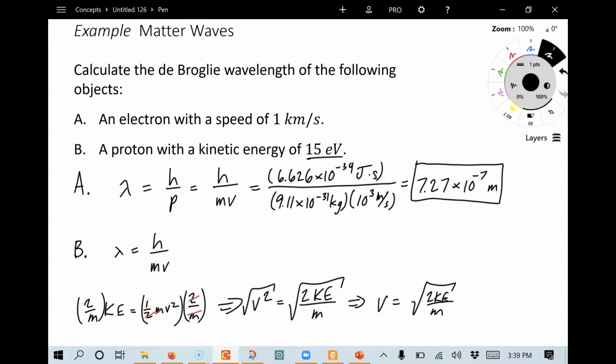Now, we can write this another way if we want. We could go ahead and plug the numbers and calculate v, or we can substitute in for v. h over m times 1 over v, we need to flip this. 1 over v, since the square root is a power, we can go ahead and take the reciprocal of this, and it works just like this.